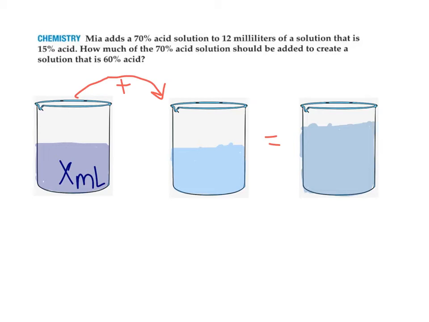What we do know is that this 15% acid is 12 milliliters. So in our final solution, the amount of X milliliters we add to the 12 gives us 12 plus X as our total amount of solution.